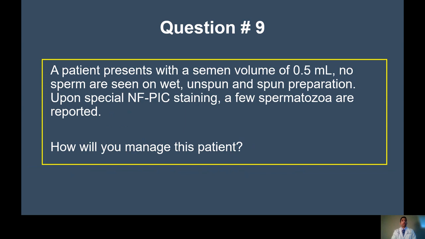Question number 9. So a patient presents with a semen volume of 0.5. No sperm are seen on wet, unspun, and spun preparation. Upon special nuclear fast staining, a few spermatozoa are reported. How will you manage this patient?